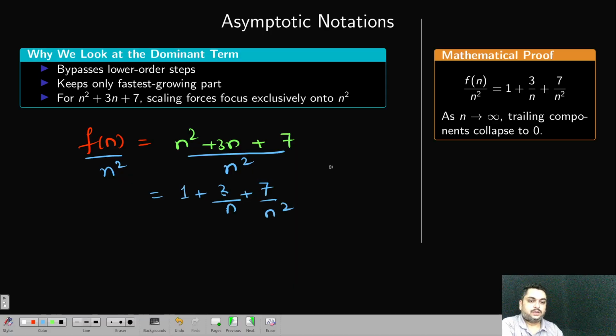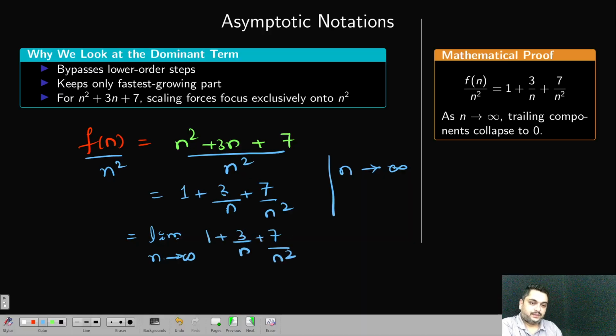Now what is our assumption? We are studying the asymptotic notation as the input size n approaches infinity. So to apply this, I have to take the limit as n approaches infinity of 1 plus 3 by n plus 7 by n square. Now what will happen? This implies f of n divided by n square is equal to the limit value.